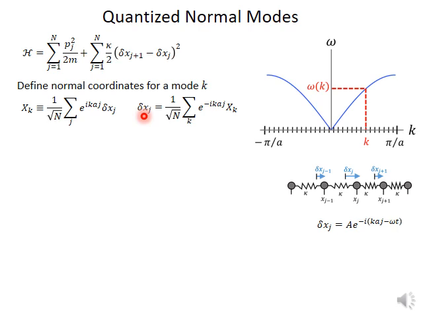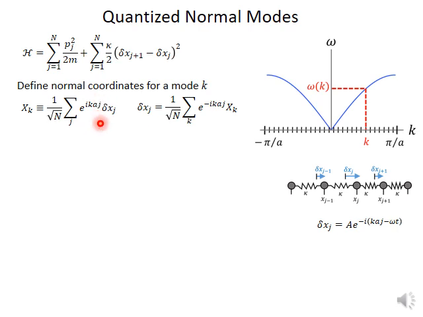Once you do this, you get the total displacement of the jth atom from all the modes within the system. So you have these two kinds of coordinates which are the Fourier conjugates of each other. This process is also called Fourier decomposition of the coordinate.